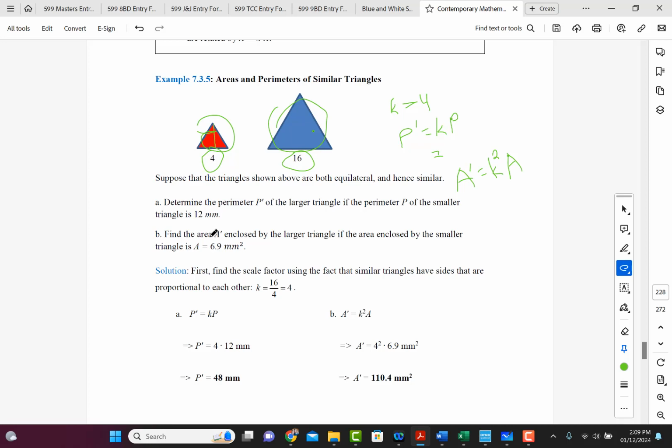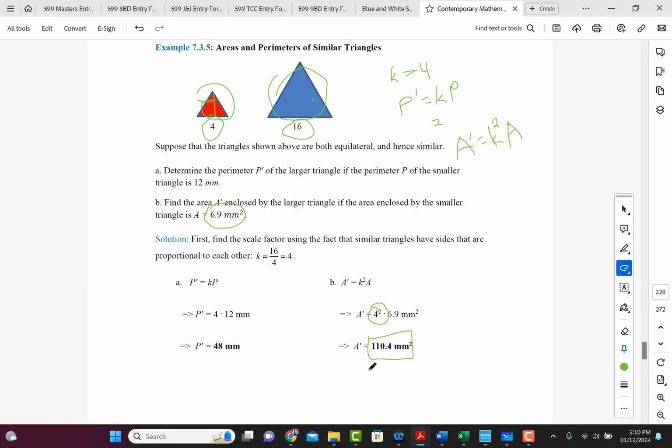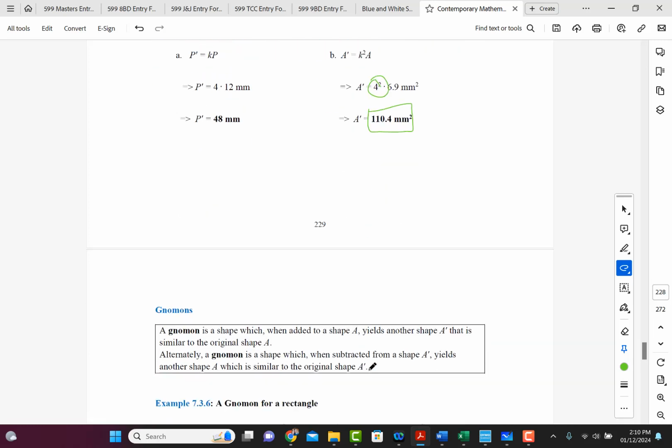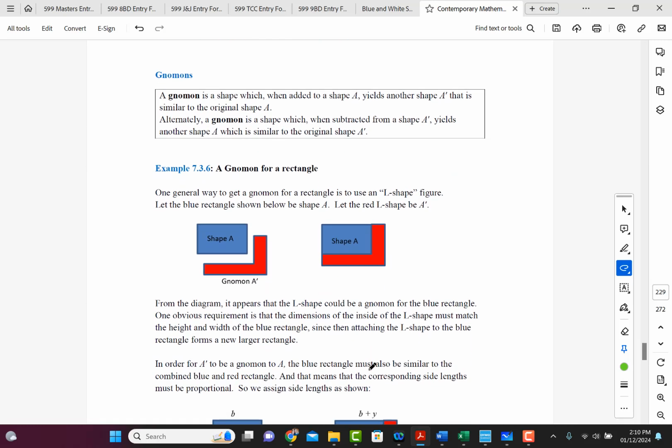And so we know the area of the smaller triangle is 6.9 square millimeters. In this case, we're dealing with millimeters. And so if we take k, which is 4, it's going to be 16 times 6.9, so we get 104.10 square millimeters. Okay, and all we used to find the answers was the theorem for the two formulas, the relationship for perimeter and the relationship for area. Okay. All right.